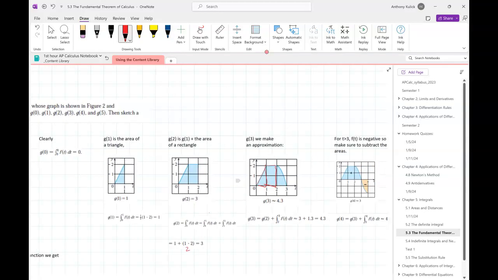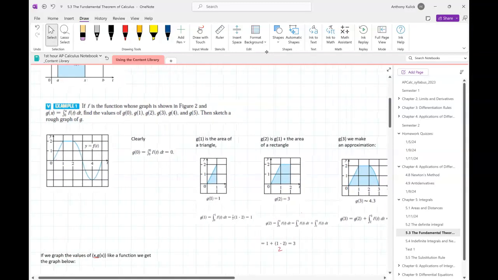This to me looks like about 1/2, and this looks like maybe 0.8 of a box. If I add those two together, I get about 1.3. So again, g of 3 is the previous g of 2 plus this new integral, which we approximate as 1.3. So 3 plus 1.3 is 4.3.